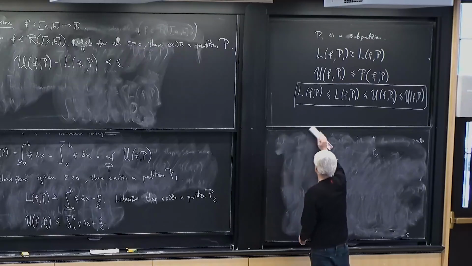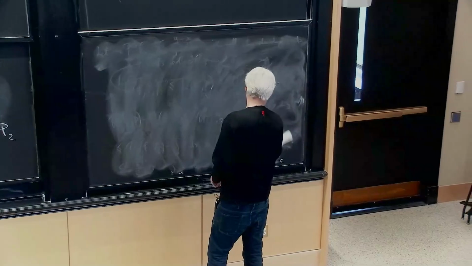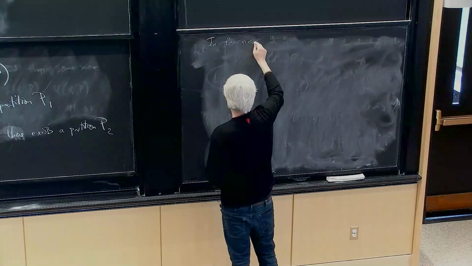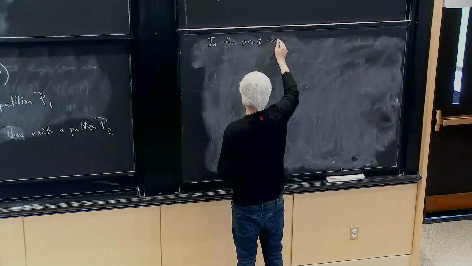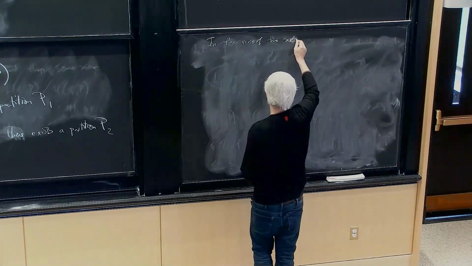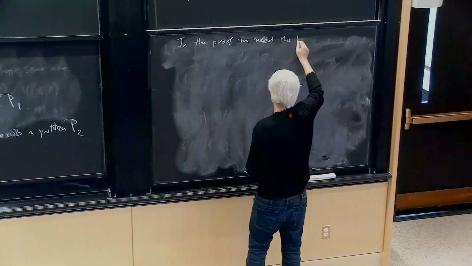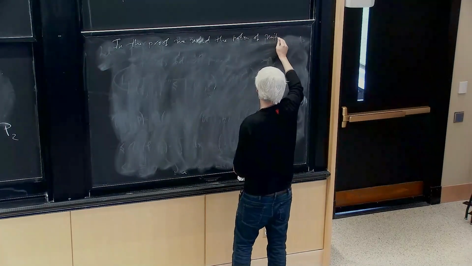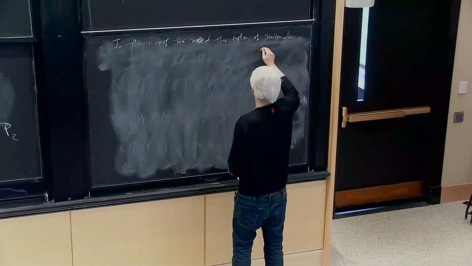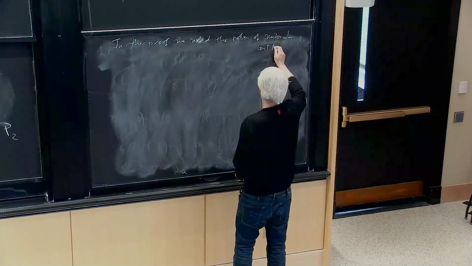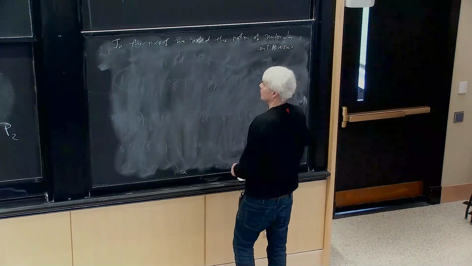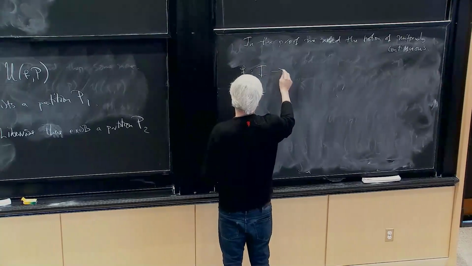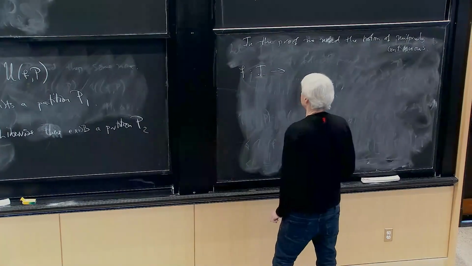In the proof, we need the notion of uniformly continuous. Okay, so that's the following: you have a function defined on some interval, say, or it could be all of R for that matter.